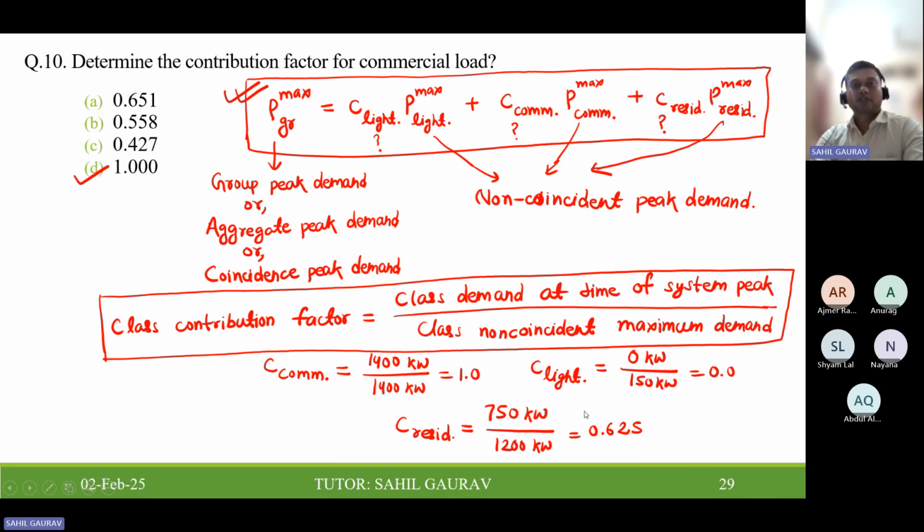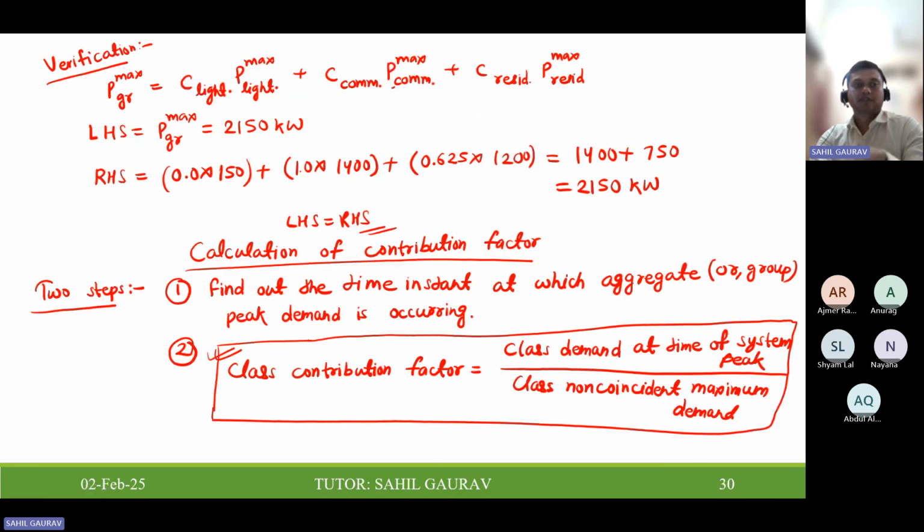Similarly, you can find the contribution factor for the lighting load, and you can also find it for the residential type load. So this is for assignment 2023. And you can also verify using this formula. We know this formula: aggregate peak demand equals the summation of contribution factor times the individual peak demand.